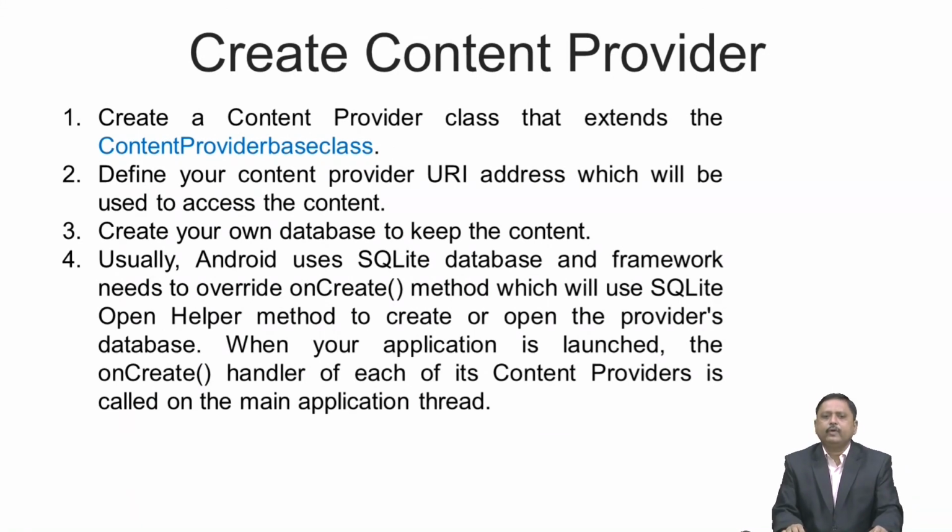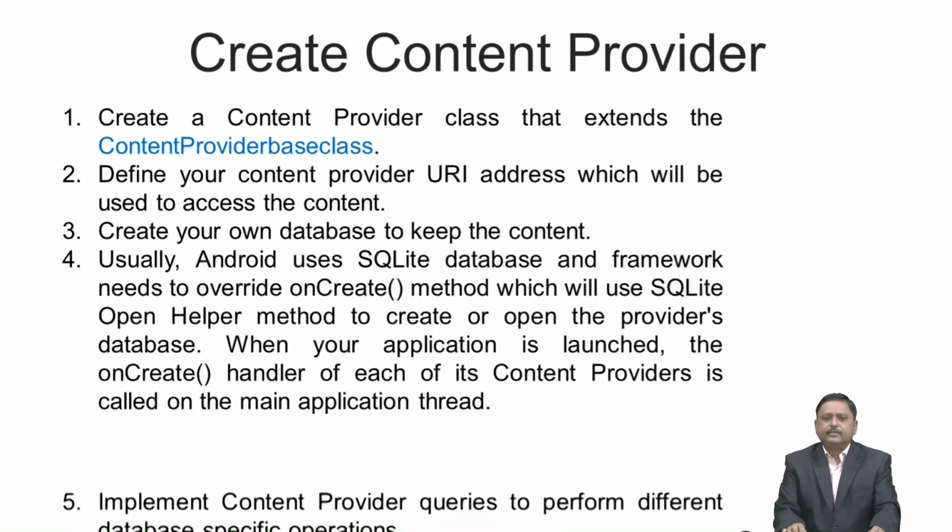The framework needs to override the onCreate method, which will use the SQLiteOpenHelper to create or open the provider's database. When your application is launched, the onCreate handler of each of its content providers is called on the main application thread. That means you have to create the database and all tables using SQLiteOpenHelper class methods.